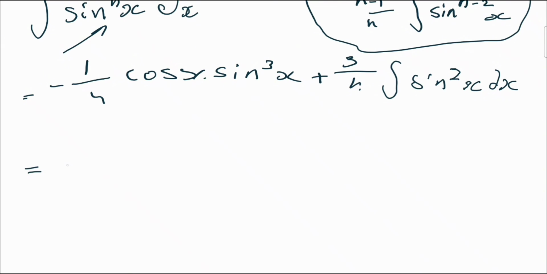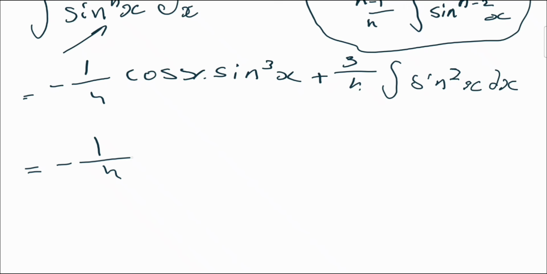Okay, so this is going to be equal to negative 1 over 4. When you do these equations, I suggest that you focus on one thing at a time. So don't be trying to do two things at once, like the sine cubed of x and the 3 over 4 integral of sine squared x dx, because then it can get confusing and you can mess up if you don't do it properly.